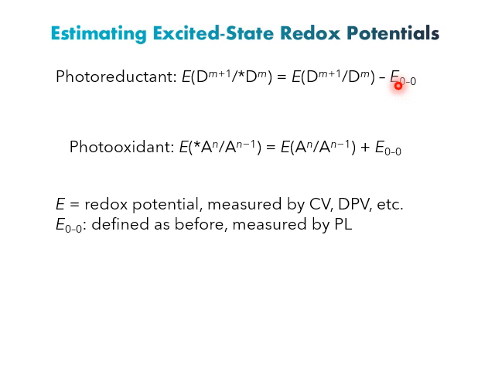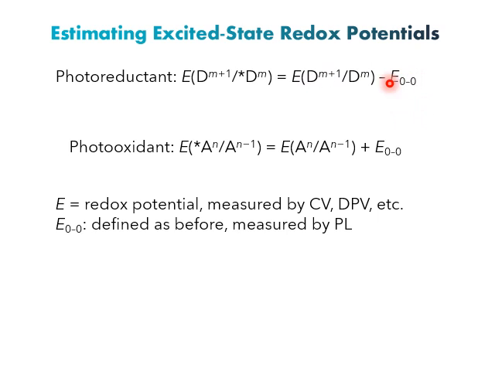And you can estimate it in a few different ways using photoluminescent measurements. So you can either look at the crossover point between absorption and emission, as we talked about last time, or if you do a low temperature photoluminescence measurement and you can resolve the vibronic structure very well, typically the first vibronic peak would be the E00 value.